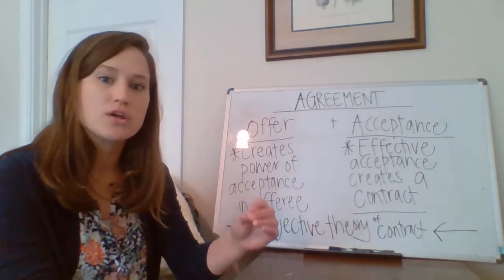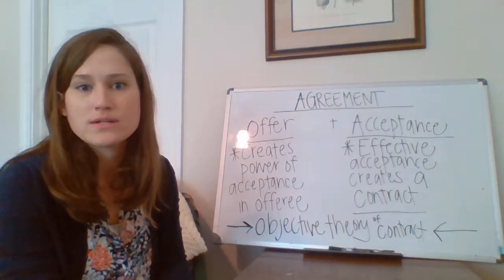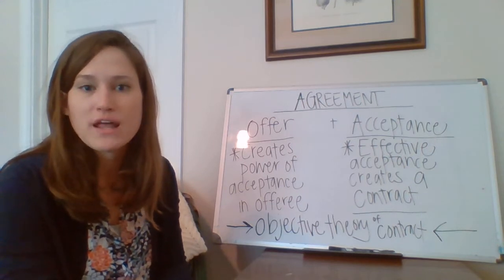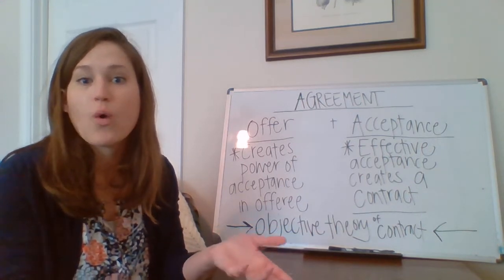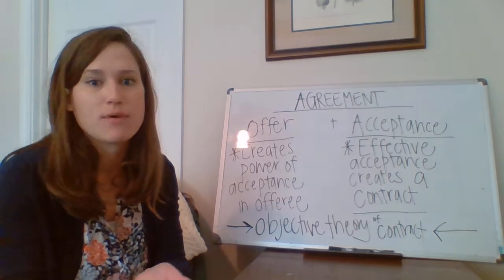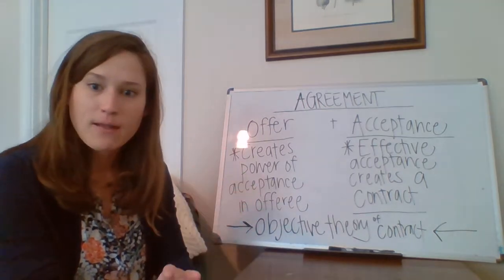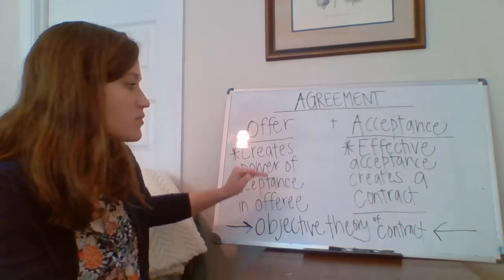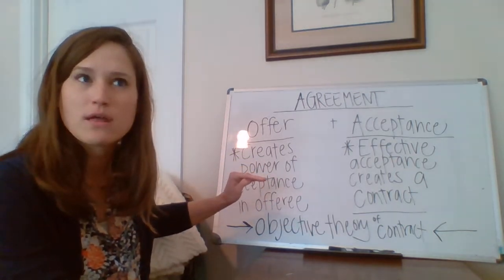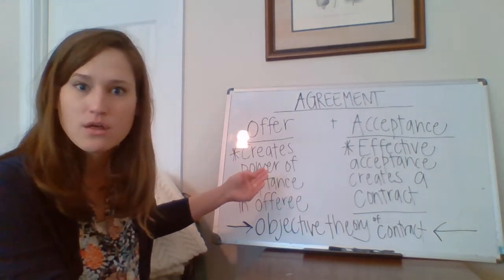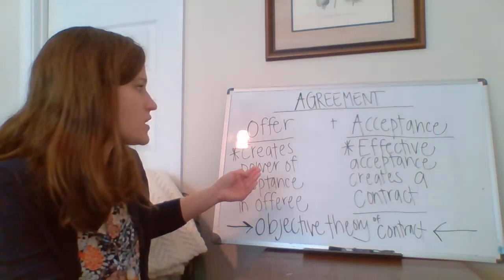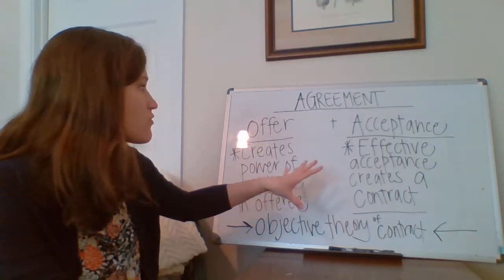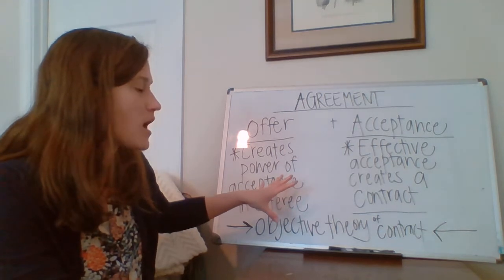And so what we're looking at is how a reasonable person would have viewed the question of whether a contract had been formed. Again, what that does is it offers some protection. It makes it less likely that there would be any kind of confusion over whether an offer and acceptance have been made.